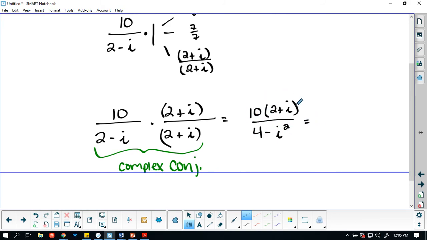But if I distribute that in, that's one more step I have to deal with in the end. All right, again, i squared is going to be -1. -1 times negative is a positive, so we are left with +1. So we have 4 plus 1 on the bottom, and 10 times 2 plus i on top. 4 plus 1, that's going to be 5.